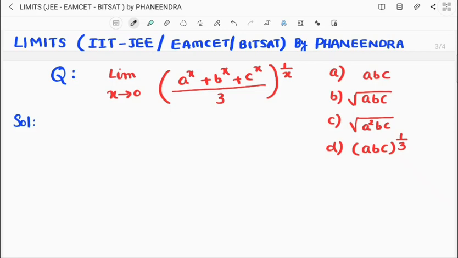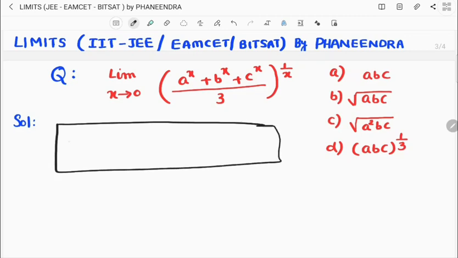Before that, I am going to give some hint. If limit as x tends to 0 of f(x) whole power g(x) reaches 1 power infinity, then we can express the given limit as e power limit as x tends to 0 of g(x) into f(x) minus 1.